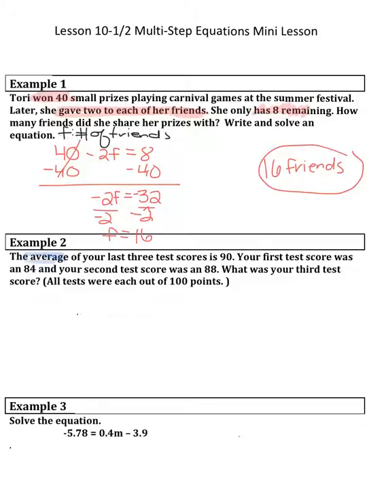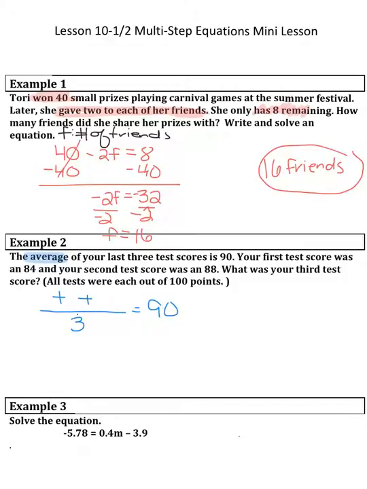Average. Do you remember how to find the average? Average is a fancy word for mean, so do you remember how to find your mean? You're going to add up your 3 test scores and divide it by 3 to get your average. They told you your average was 90.